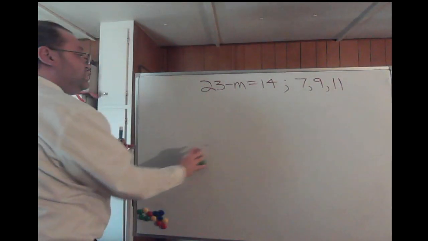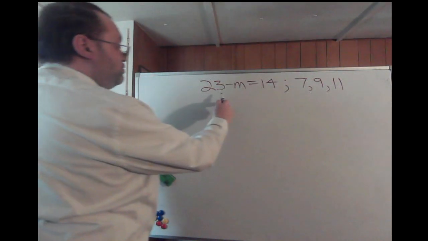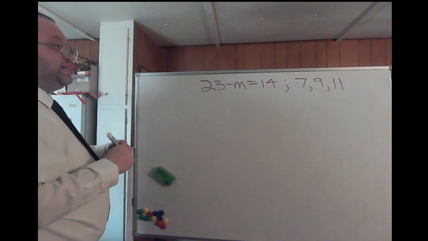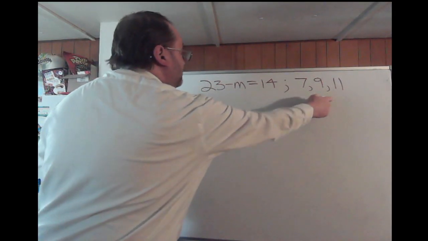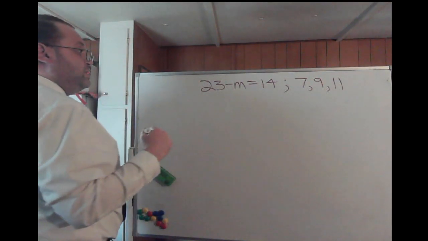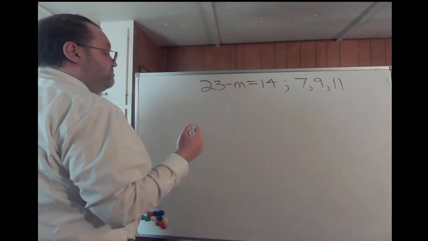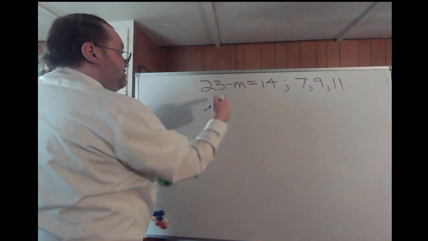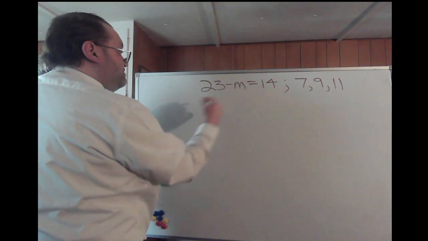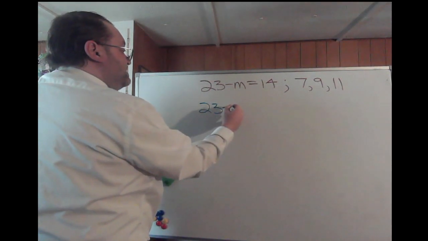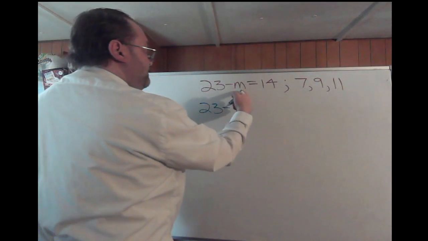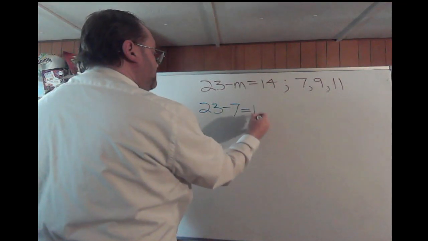Alright? So we have the equation 23 minus m equals 14. You have the possible solutions of 7, 9, or 11. So we're going to start again. We'll substitute values in for m. We'll substitute 7. So let's see, 23 minus 7, because we're substituting 7 in for m, we'll set that equal to 14.